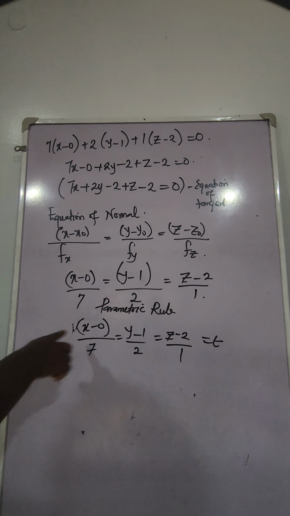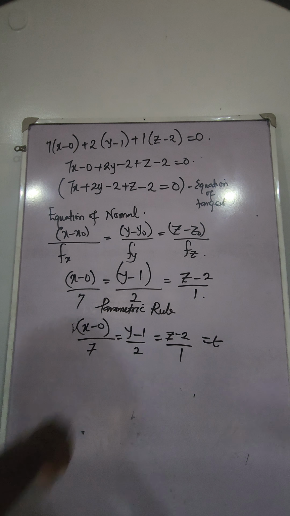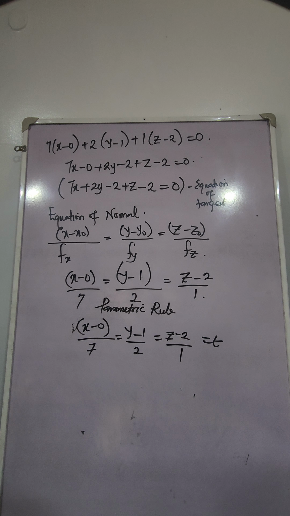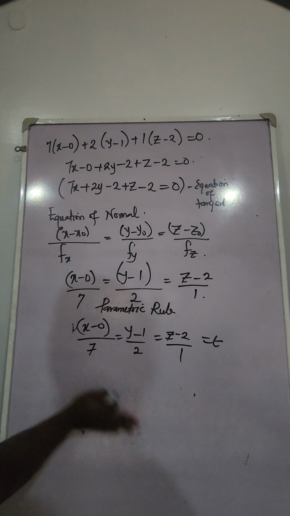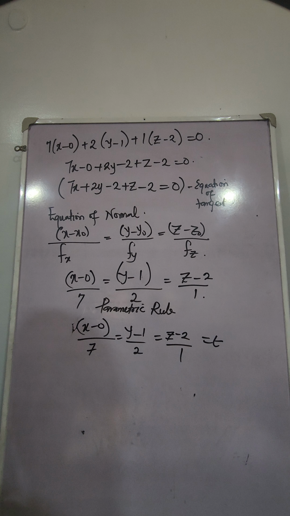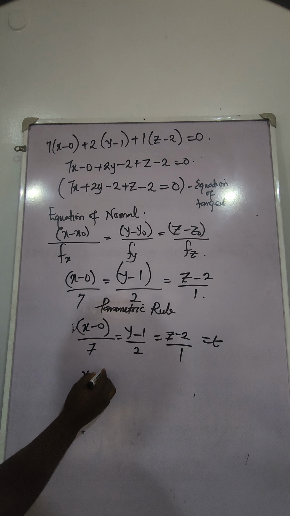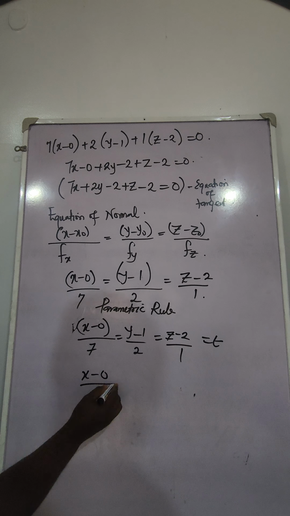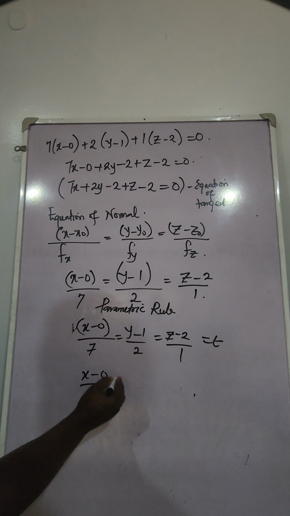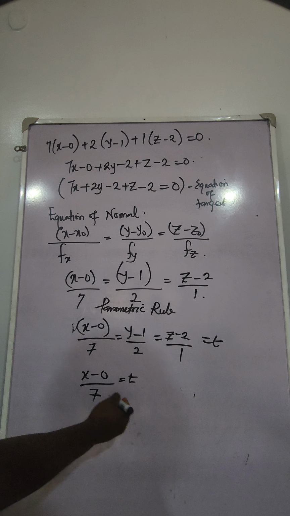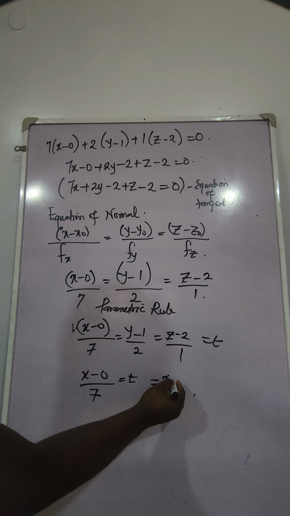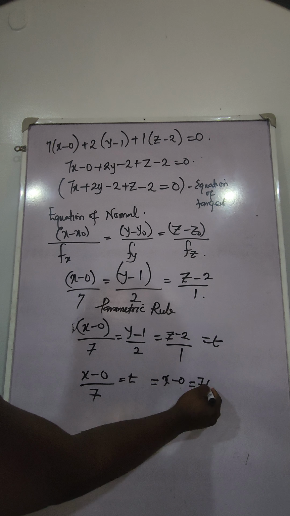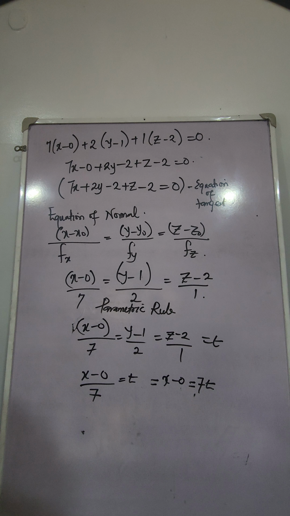So we said x minus x naught over 7 equals y minus 1 over 2. So equate it to a letter t, right? And so we have it that x minus 0 over 7 can be equated to t. And so when you cross multiply, we're going to be having x minus 0 is equal to 7t. Is that not right? x minus 0 equals 7t.